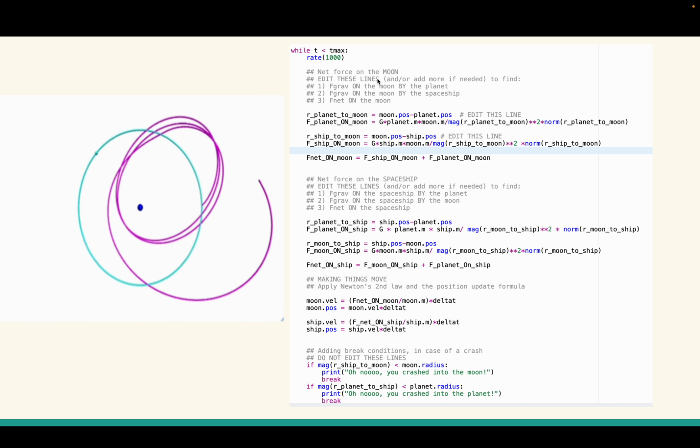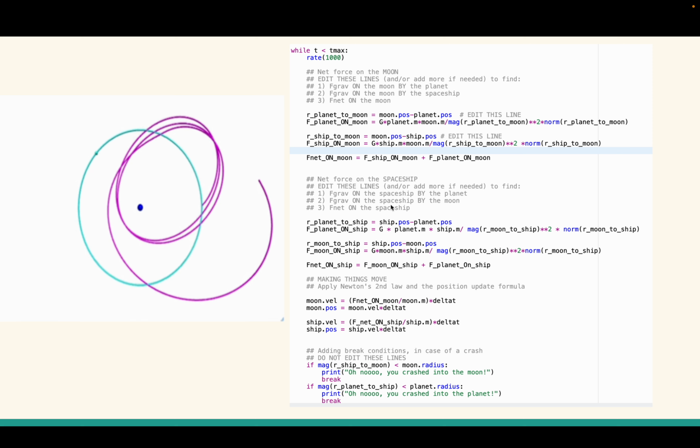And on our right here, it's more code for part 2, where we found position planet to moon, position ship to moon, force planet on moon, force ship on moon, net force on moon, which is force of the ship on moon plus force of the planet on moon.